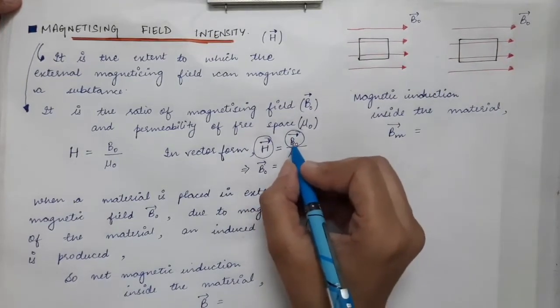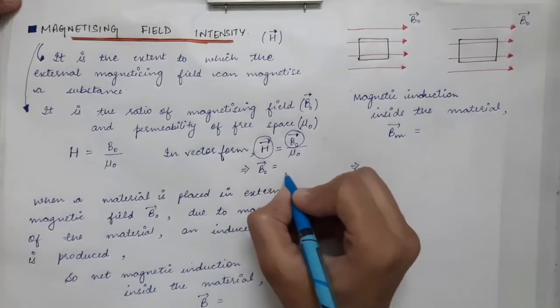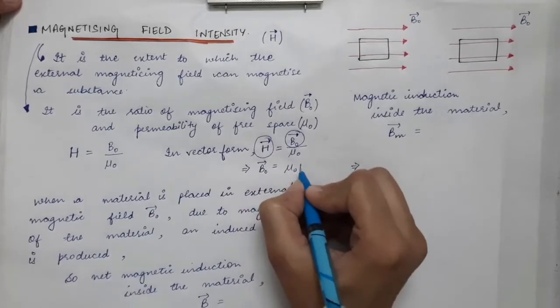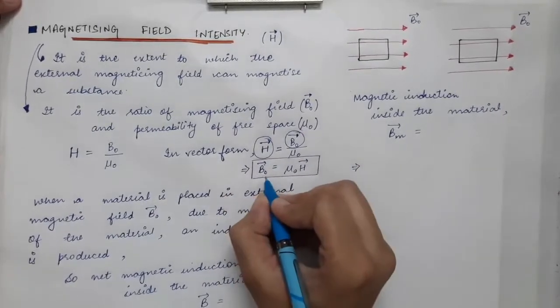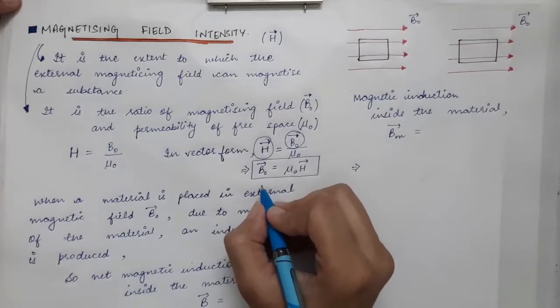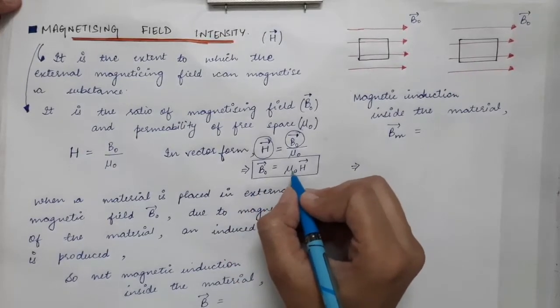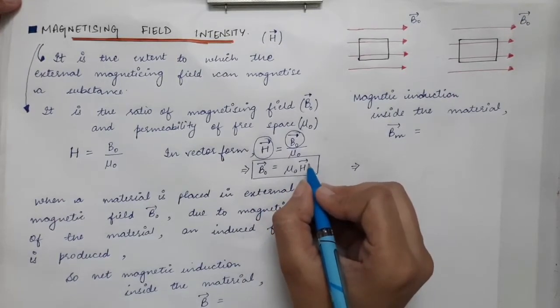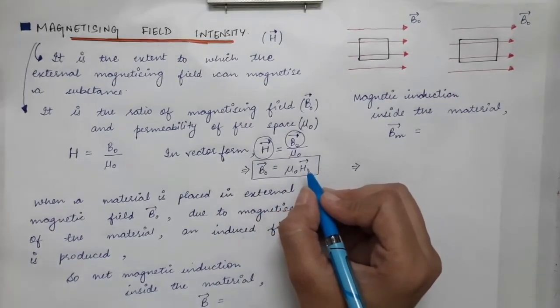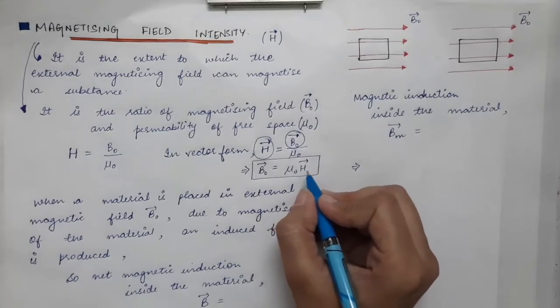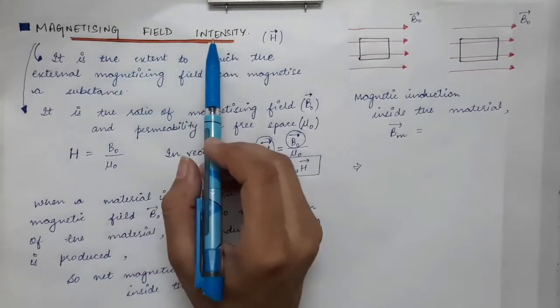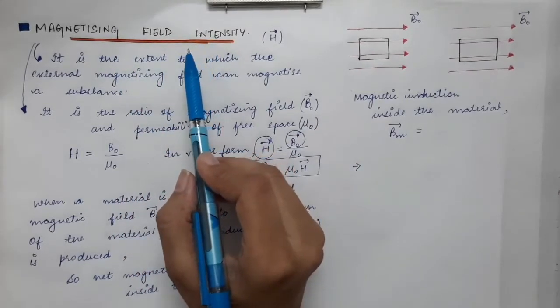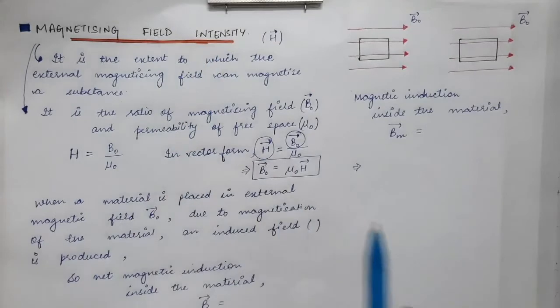So from this equation, B naught vector can be written as mu naught times H vector. So magnetic field or the magnetizing field in vacuum is equal to the permeability of free space times the magnetizing field intensity, or it is also called magnetic intensity. So H vector is called magnetizing field intensity, or magnetic intensity.